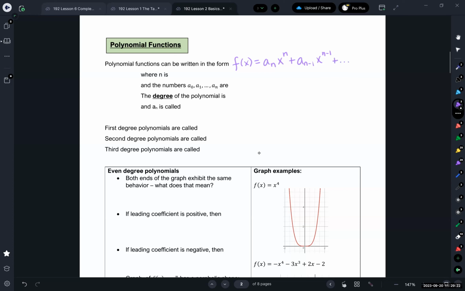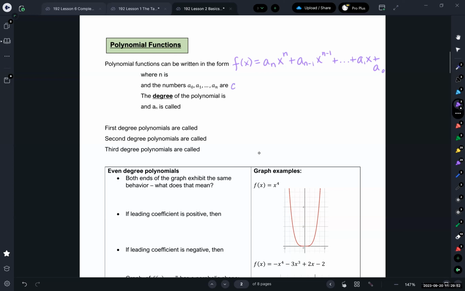And usually I'm not going to write the whole thing out, so we just use dot dot dot, which means and so on. So what we're basically saying here is that you have a constant and a number times x, and all the way up to the highest power here, where you have some number times x to that power. Okay.